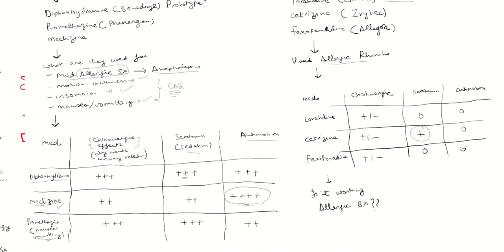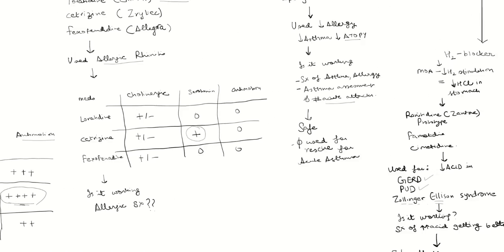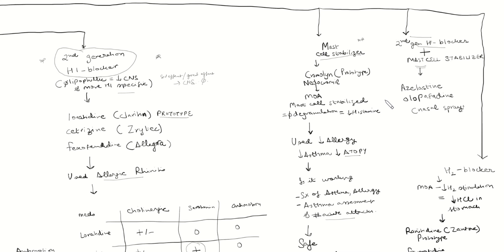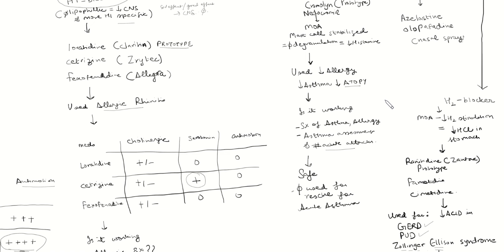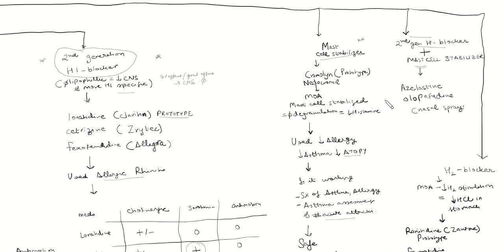So that is classification one. And then we looked at mast cell drugs. Mast cell stabilizers, so cromolyn, and we looked at its use for chronic or long-term management of asthma and allergy, and its generally safe profile. Just remember, it's not used for an emergent acute asthma attack. And then combination drugs with nasal sprays, which combine the function of H1 blocking and mast cell stabilizing.